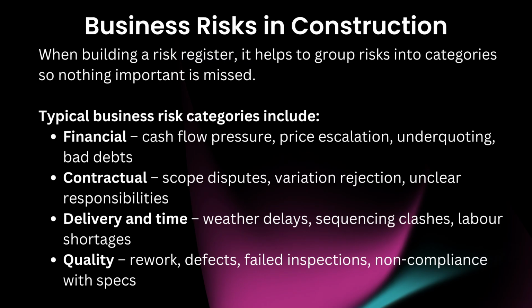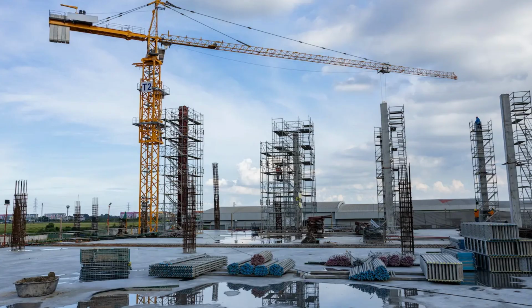Business risks in construction. When building a risk register, it helps to group risks into categories so nothing important is missed. Typical business risk categories include financial: cash flow pressure, price escalation, underquoting, bad debts. Contractual: scope disputes, variation rejection, unclear responsibilities. Delivery and time: weather delays, sequencing clashes, labour shortages.